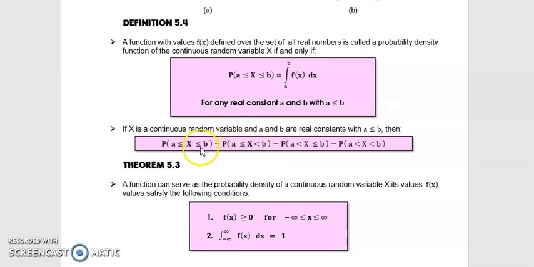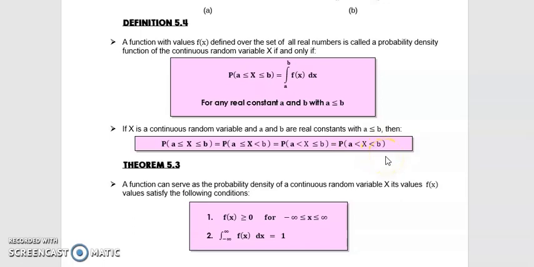This means that in continuous, this inequality sign does not matter, because later on we integrate from the lower limit to the upper limit. So whether we include or exclude does not matter. This is also equivalent to x greater than a but less or equal to b, and lastly also equivalent to x greater than a but less than b.